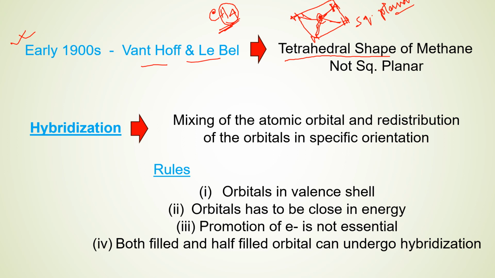Why is it not a square planar shape? Because in a square planar shape, all four bonds have an angle of 90 degrees between them.